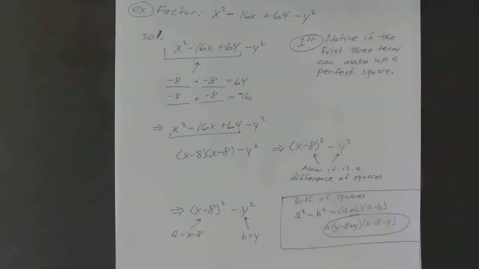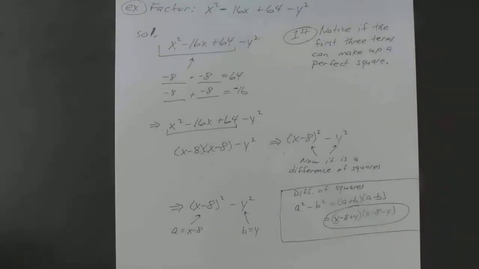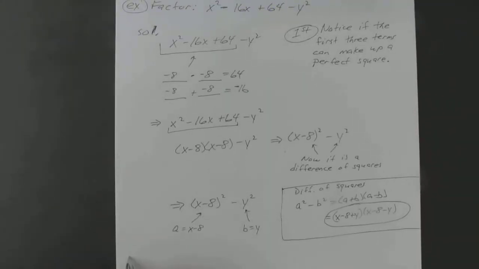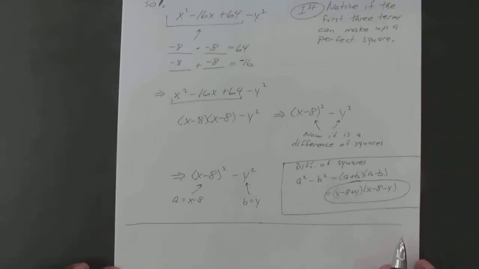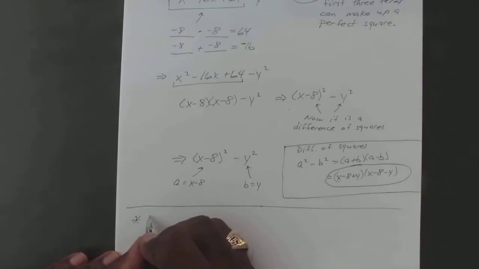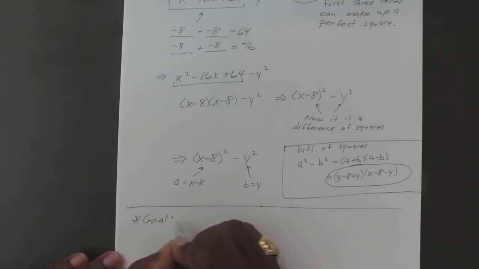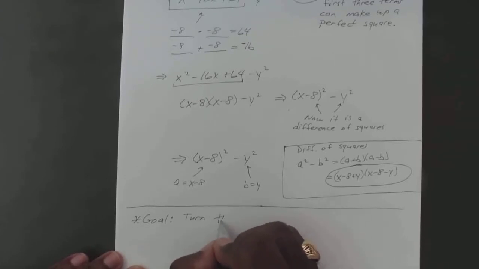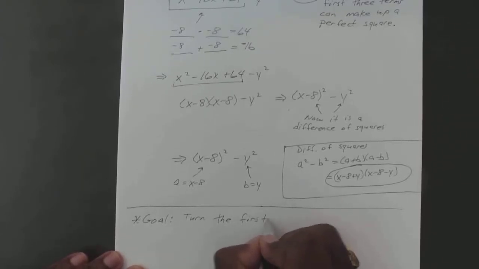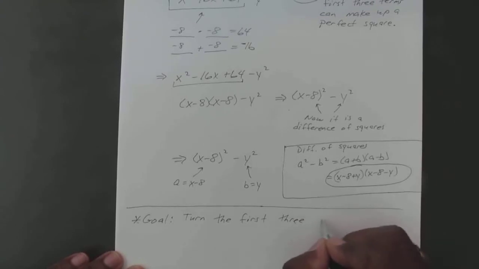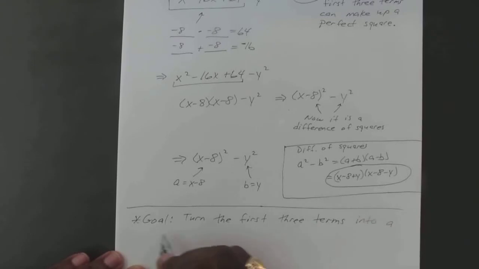Okay, so your goal is really to turn the first 3 terms into a perfect square using any of the methods we just learned. And then once you have it as a perfect square, you'll have a difference of squares. Okay, so I'll write that goal. Turn the first 3 terms into a perfect square.